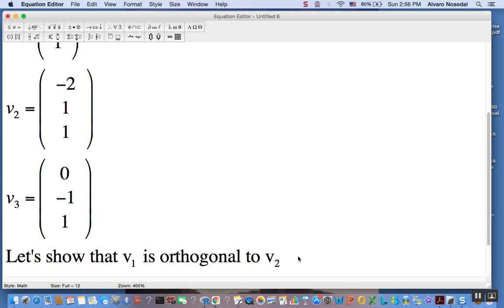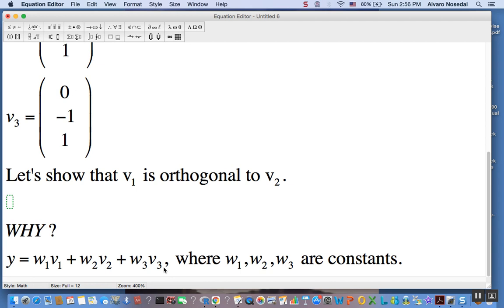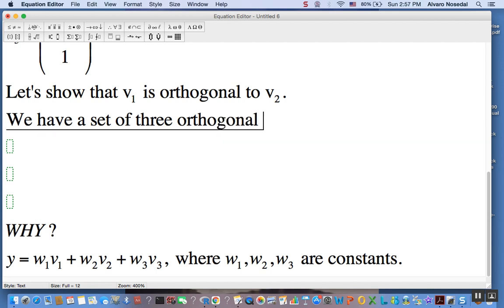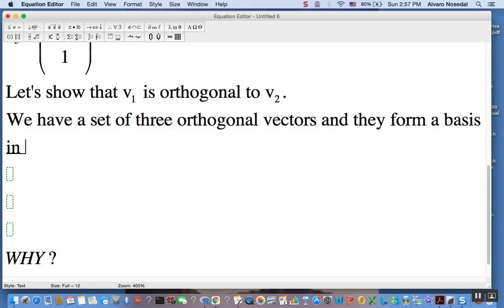So let's write that down. We have a set of three orthogonal vectors, and they form a basis in R3, in the space.